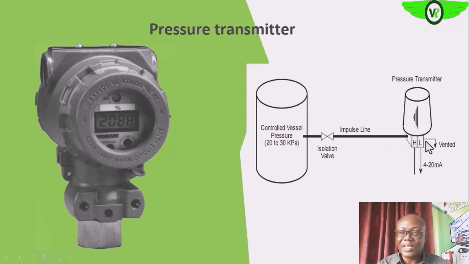Okay, this is a DP. We'll see it later. Differential pressure transmitter. Okay, so this is the impulse line that brings the process fluid, and the pressure on this line is the same as that in your process.